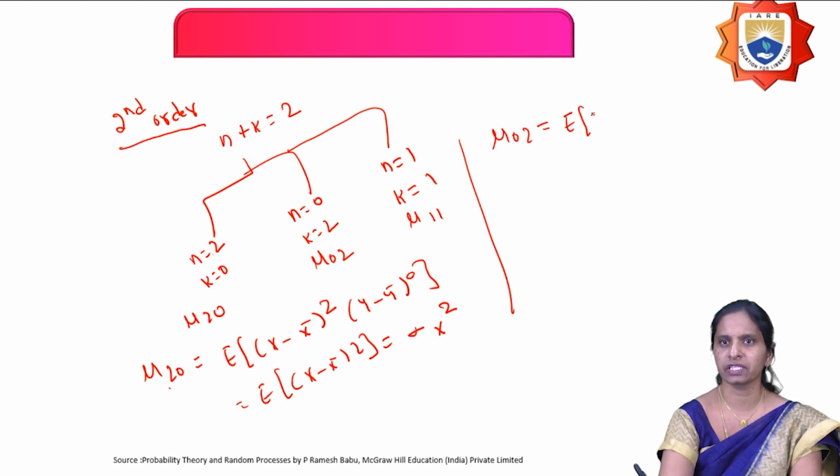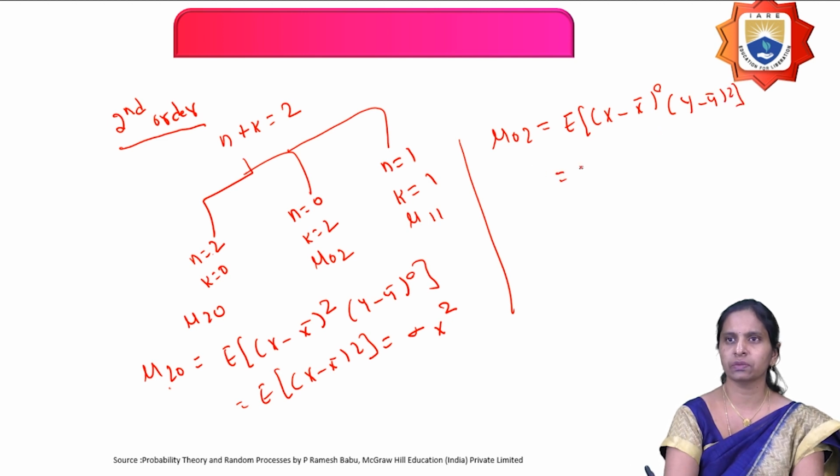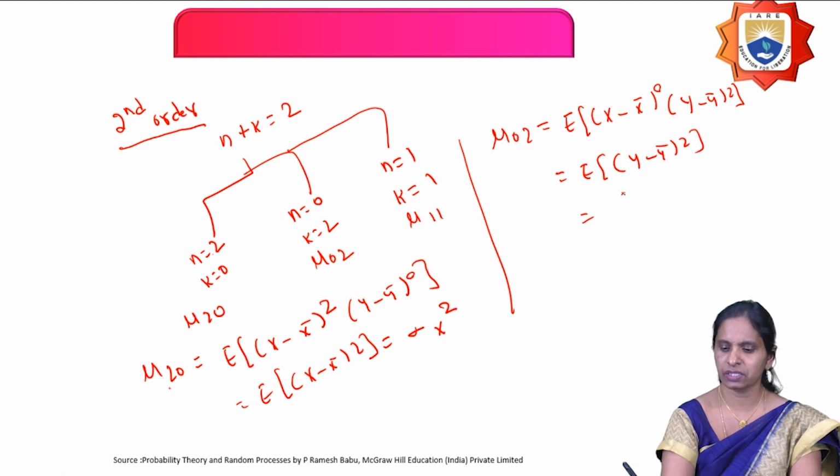That is the expectation of (x minus x bar) power 0 into (y minus y bar) power 2. That equals the expectation of (y minus y bar) whole square. This is nothing but sigma y square, called the variance of the random variable y. And mu 2 0 equals sigma x square, the variance of the random variable x.